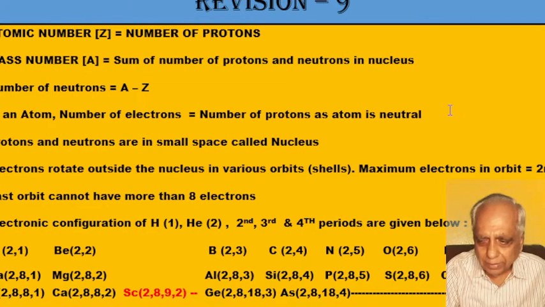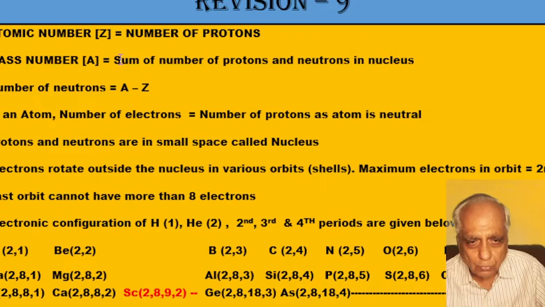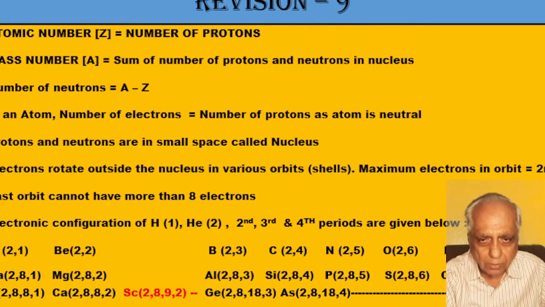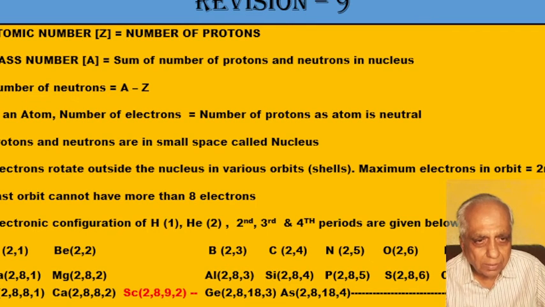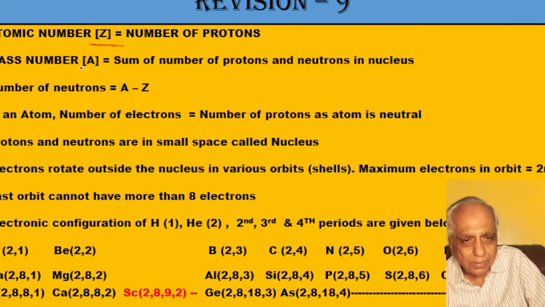It is denoted by the letter Z. You should learn that atomic number is written by Z. Mass number is written by capital A. Mass number means the number of protons and neutrons.